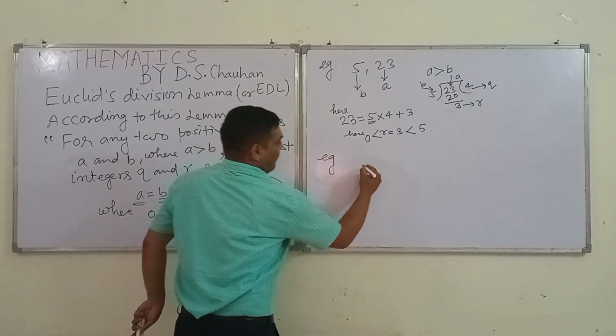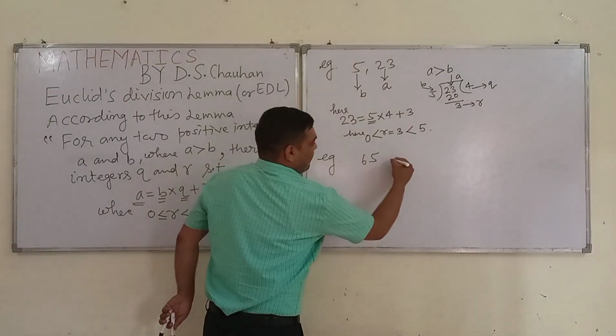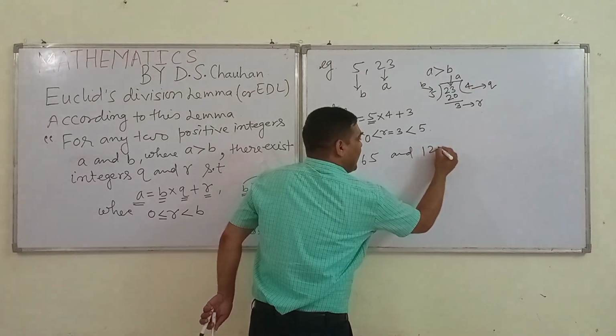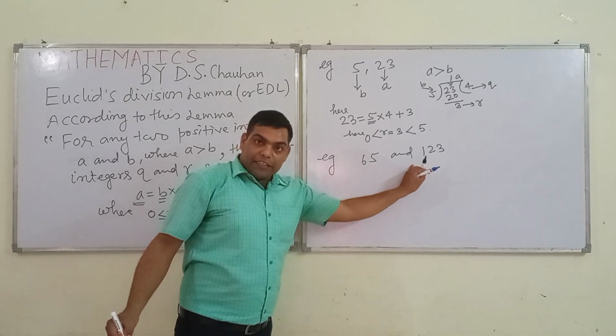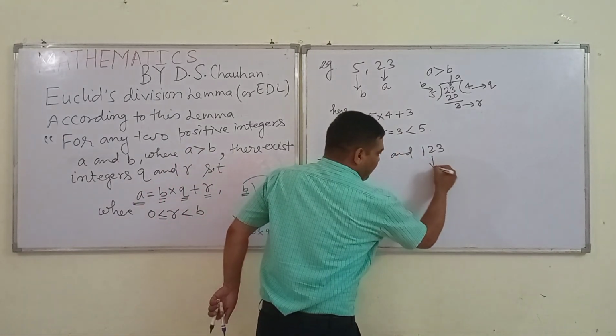Students, we are taking another example here. Say the next example, we have taken 65 and 123. This is another example in front of you, students.